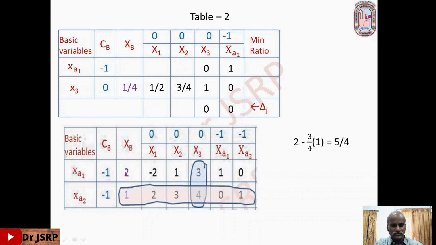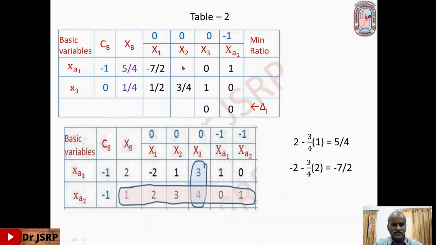This is 2 minus 3 by 4 into 1, so 8 minus 3, 5 by 4. Next, for X1, in this row calculation, 3 by 4 is fixed, just replace the present value -2 and the pivot row value 2. So -2 minus 3 by 4 into 2. So this is -7 by 2.